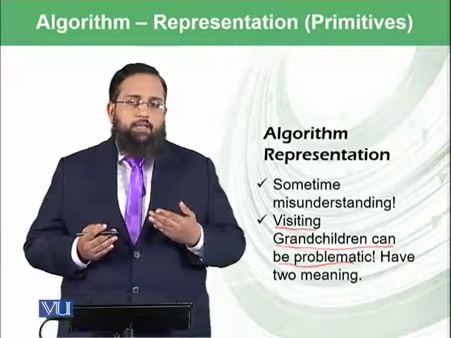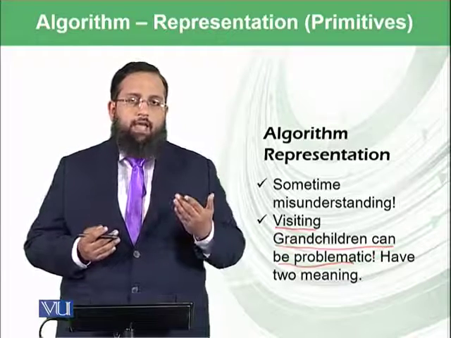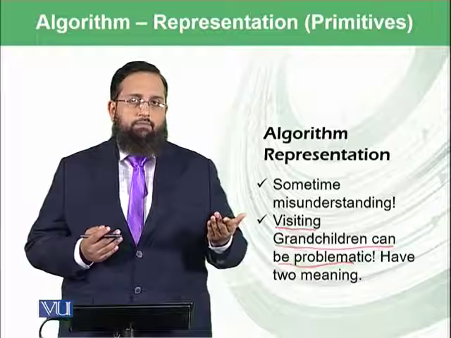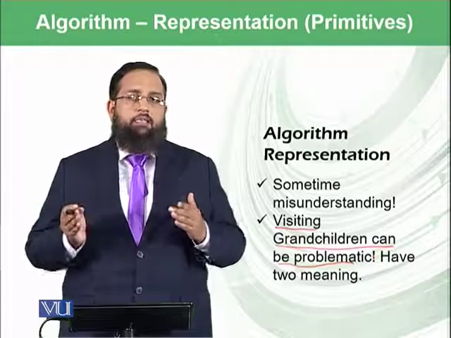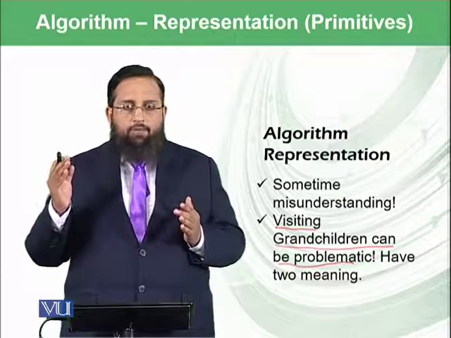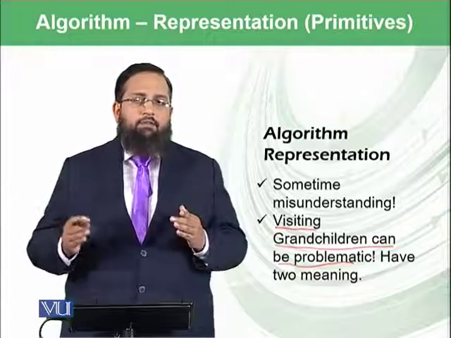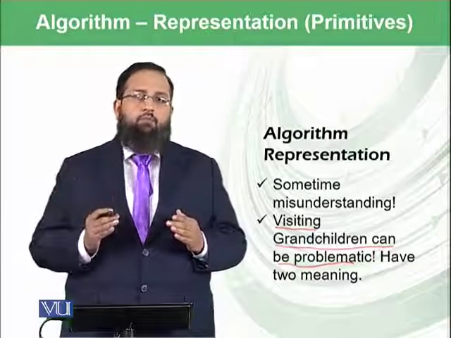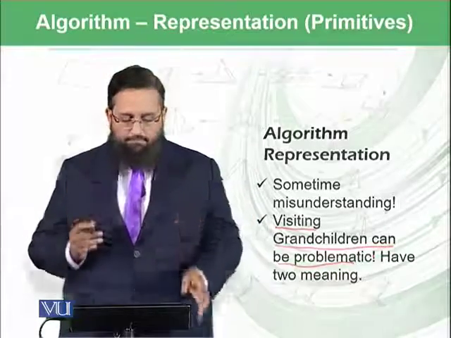So this means even the language humans speak could have ambiguous meanings, and if a computer could have such ambiguous meaning, then an algorithm defined by one person could produce different results when represented in one form and could produce different results when represented in another form.